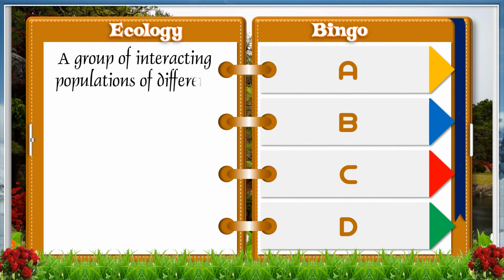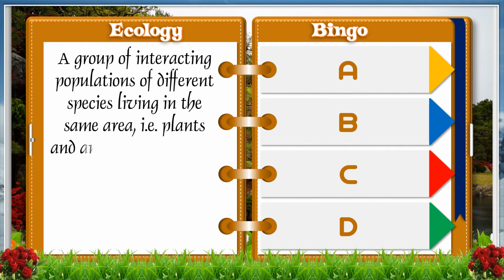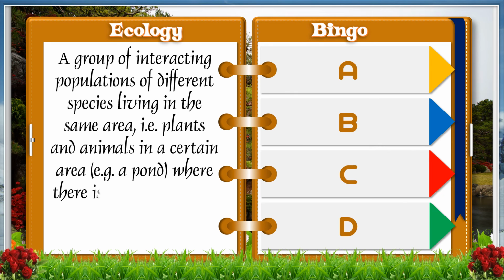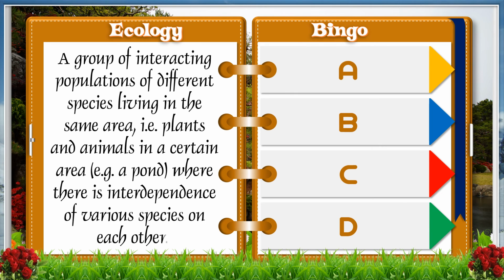A group of interacting populations of different species living in the same area, i.e., plants and animals in a certain area, e.g., pond, where there is interdependence of various species on each other.